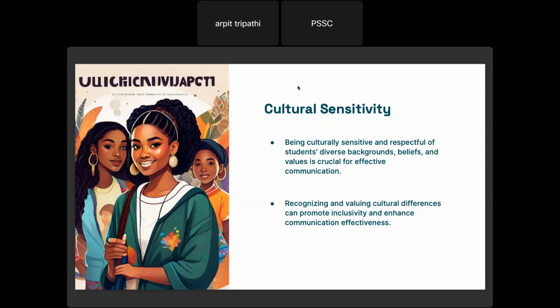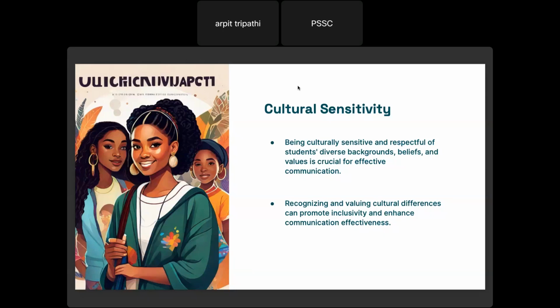First, sensitivity ensures that all students feel respected, valued, and included in the learning environment, regardless of their background or identity. Inclusivity promotes a sense of belongingness, and I would say it fosters positive relationships among students and between students and teachers, educators, of course.